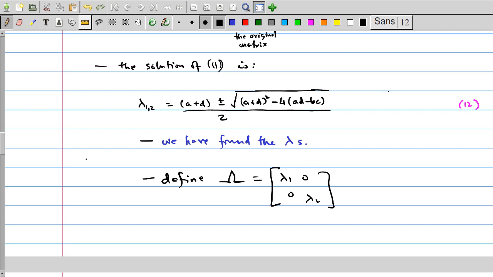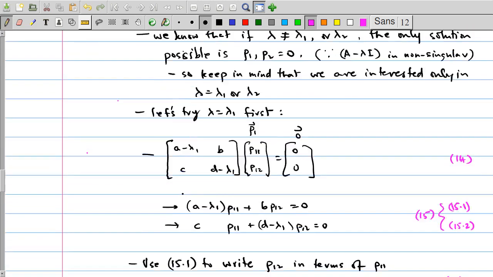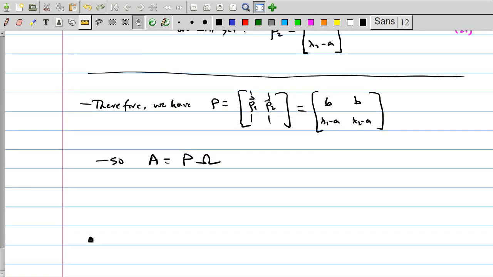And that can be 12.5. So it's going to be P lambda P inverse. Right. For completeness, we are also going to compute P inverse.